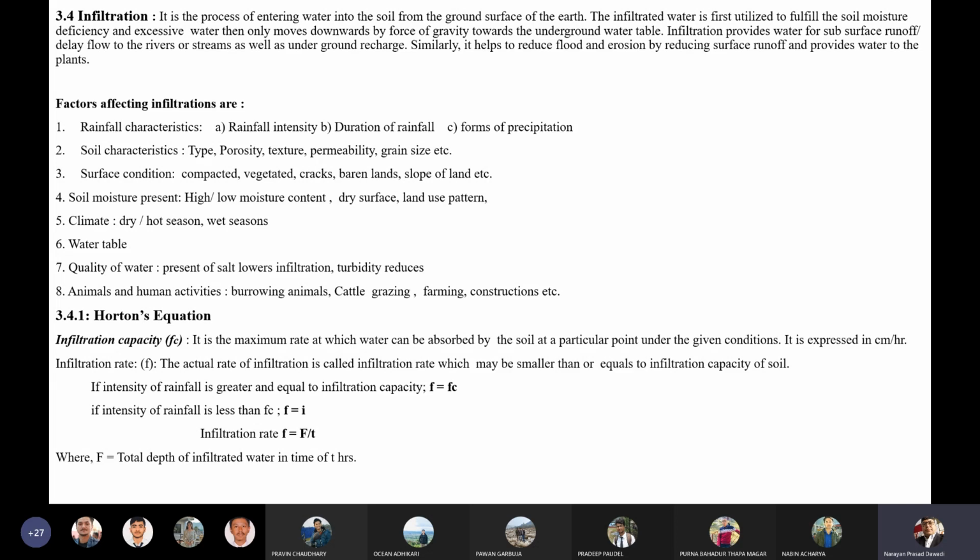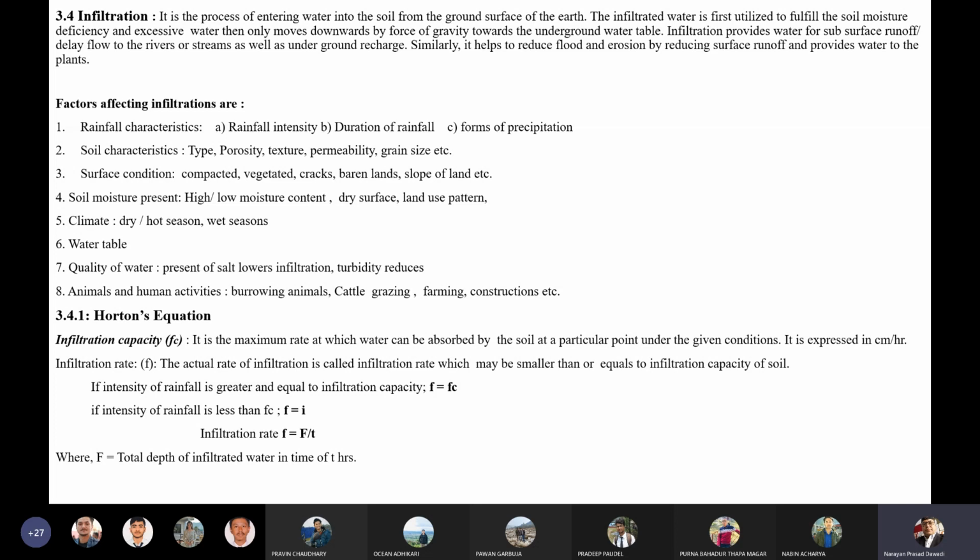If the intensity of rainfall is less than Fc, meaning I is less than Fc, for example if the rainfall occurs at 4 centimeter per hour and the infiltration capacity of the soil is 6 centimeter per hour, then all the water that is precipitated is absorbed by the soil.